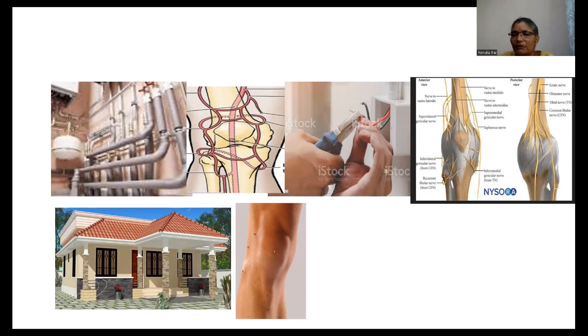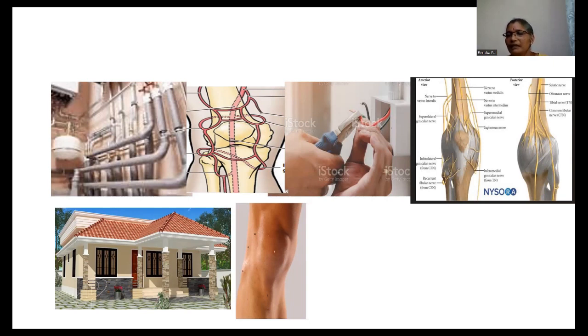The superolateral aspect is innervated by 4 nerves. The superolateral genicular nerve, which is a branch of the sciatic nerve. Second, the common fibular nerve. Third, the nerve to the vastus lateralis. Fourth, the lateral branch of the nerve to the vastus intermedius. This is the innervation of the superolateral portion of the knee joint capsule.